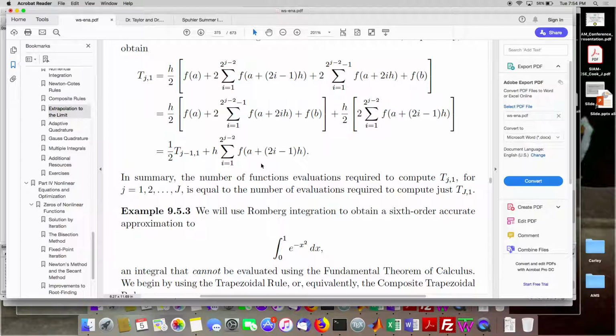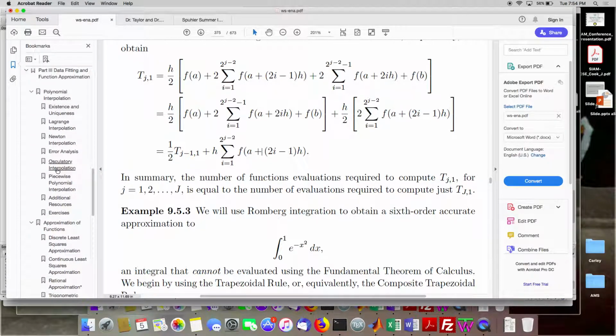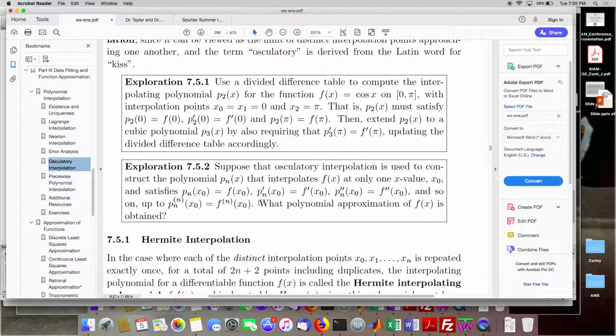Yes. What kind of answer are you looking for in 7.5.2? Okay. The answer I'm looking for is a particular type of polynomial. So in other words, there's an actual name for it.